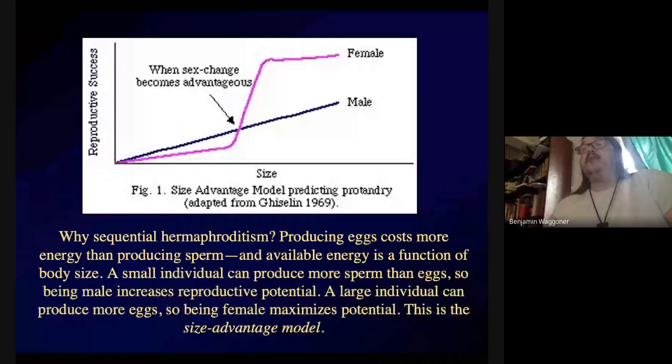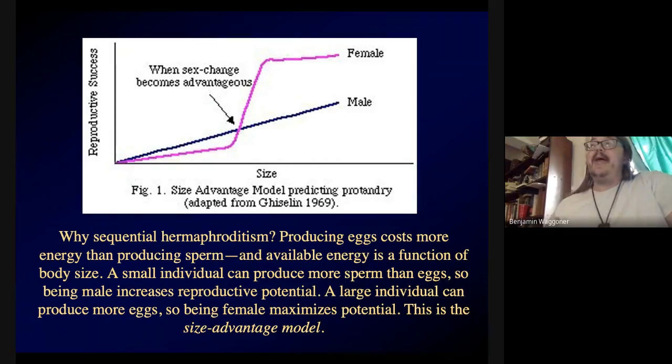So producing eggs costs more, and the amount of energy that you've got is a function of body size. So the idea is that if you are a small individual, you can produce more sperm than you can produce eggs. Eggs cost you a great deal. You won't be able to make very many, but your odds of reproducing are better if you concentrate on sperm.